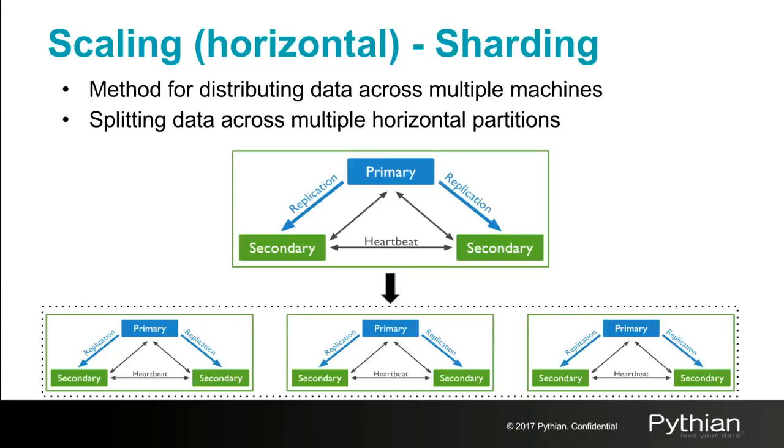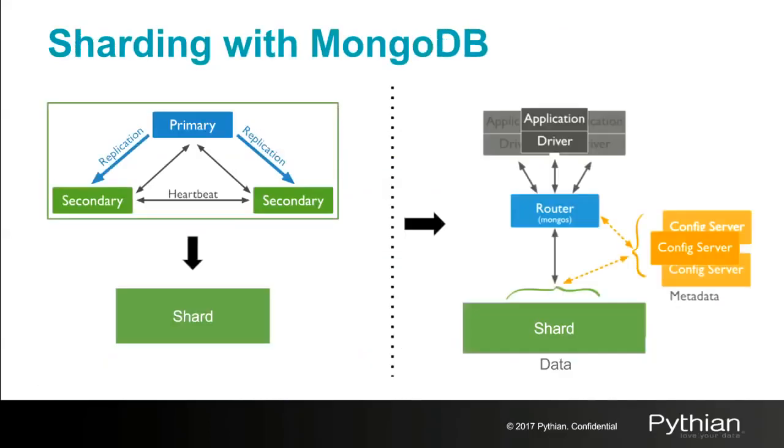Primarily, horizontal scaling is not something that MongoDB invented, but it is a method for distributing our data across multiple machines and having our data spread across multiple horizontal partitions. How does this fit into MongoDB? Everything that we already discussed about the replica set is turned into a shard, or a partition.